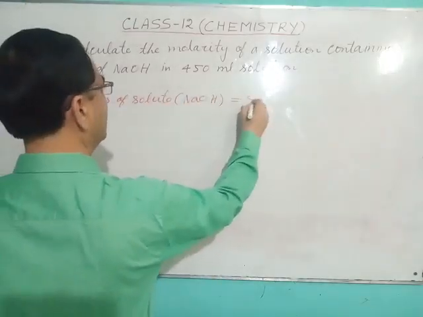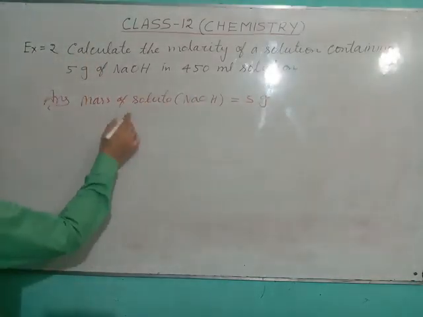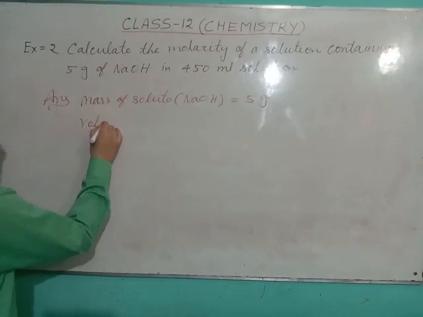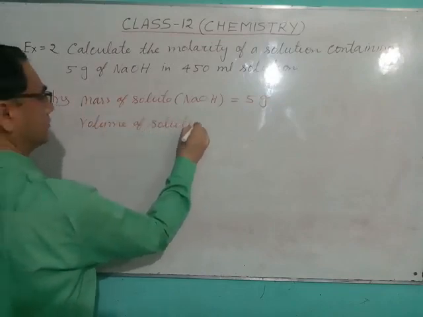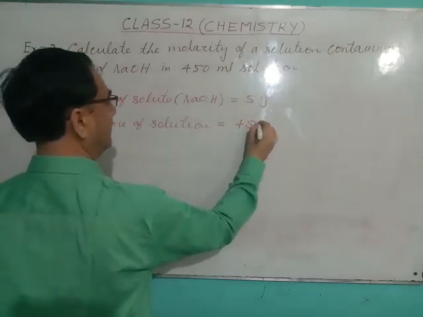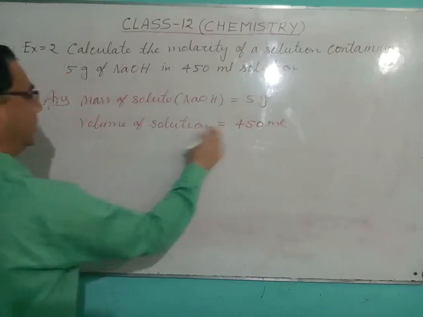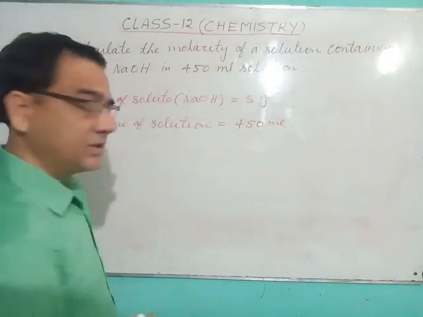And that is equal to 5 gram. Next we write volume of solution, and that is given, 450 ml. We need the molar mass of the solute also. So we write the molar mass of solute.